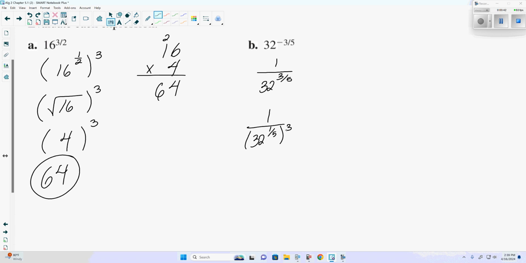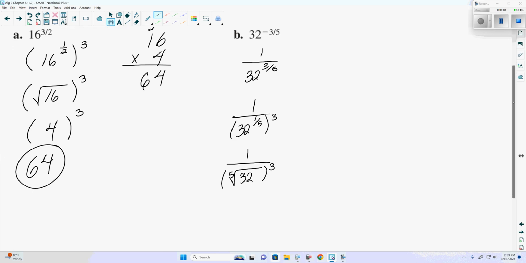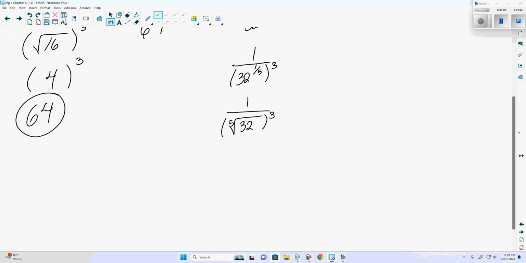Now 32 to the 1/5. Really what we're saying is we want to find the 5th root of 32. And once we get that value, we're going to put it to the 3rd power. Now the question is, what is the 5th root of 32? 2.